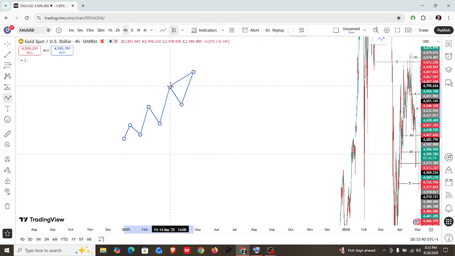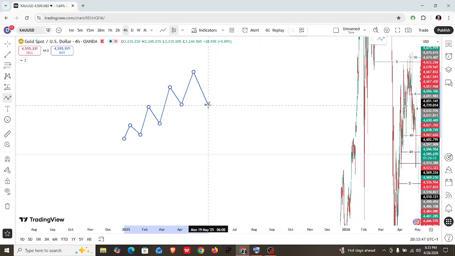So you are expected to buy when the market gets to this zone or this zone. That's an uptrend market. You are expected to follow the trend because the market has been breaking highs.